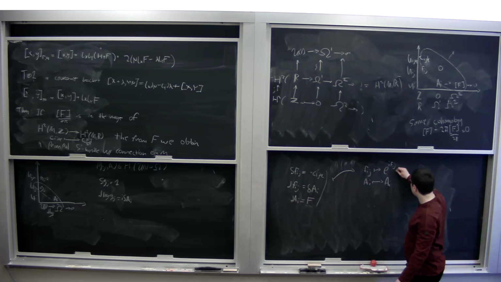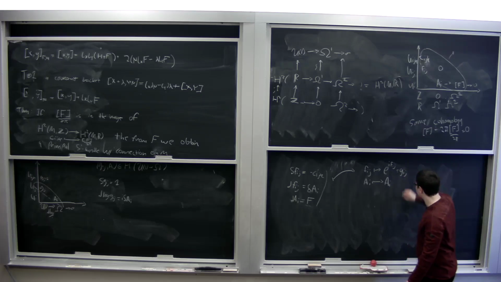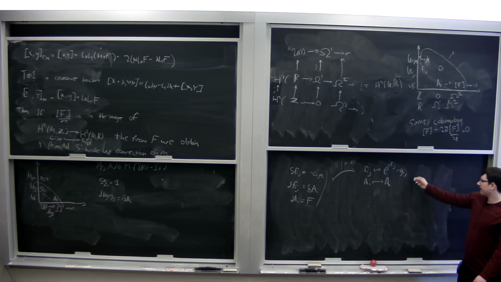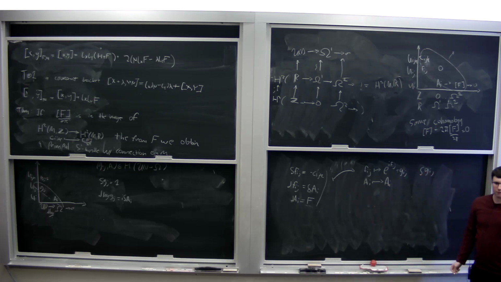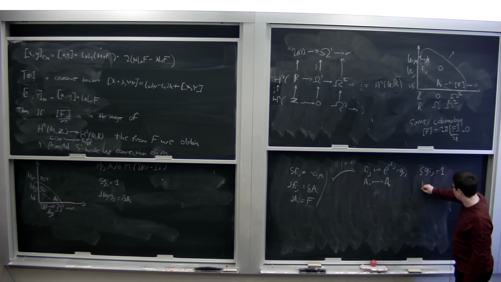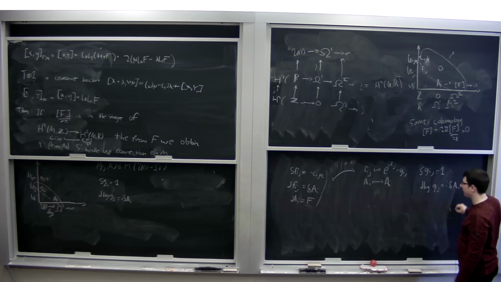And now if I'm going to call this g_ij, if we write these equations in terms of A_i and g_ij, again, this is exactly the condition that A_i and g_ij form a principal bundle with connection. Delta of g_ij is equal to 1. d log g_ij is equal to i delta A_i.